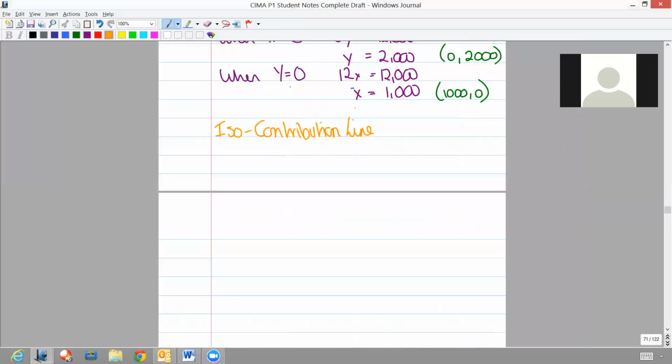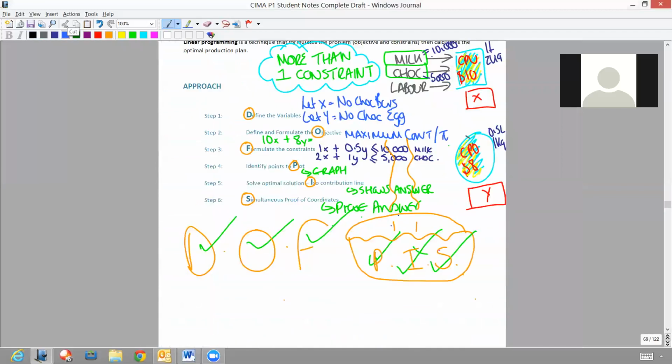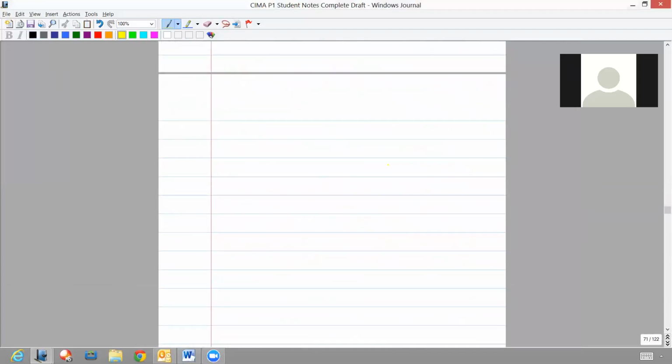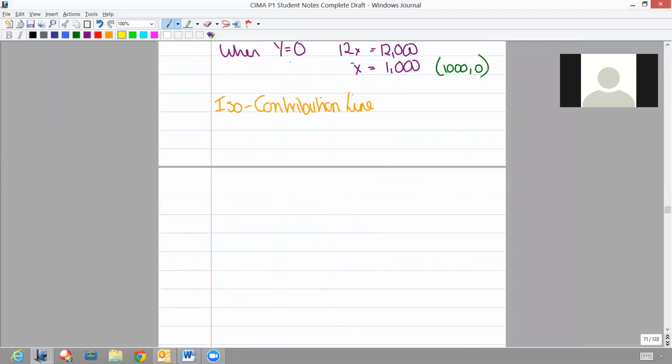Okay, so what you need to do is you need to take your objective function that you identified back in O of DOF pies. So you need to take this objective function down to your ISO contribution. So we said that 4x plus 8y is going to give us maximum contribution.